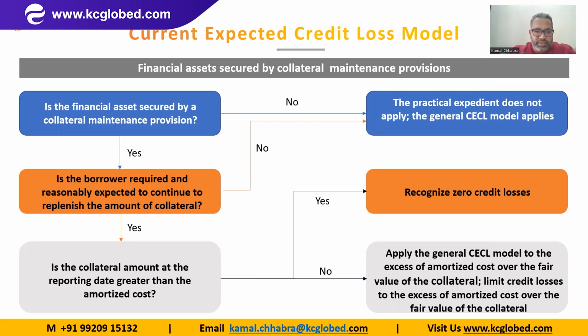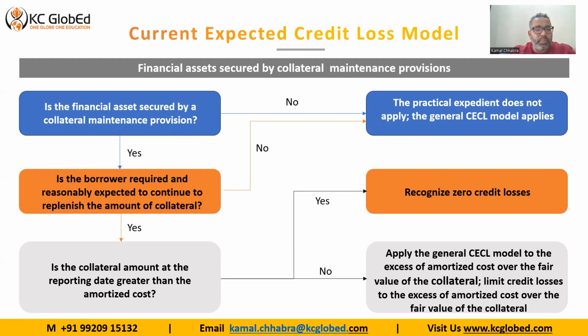If the answer is yes, then the second thing you need to evaluate is whether the borrower is required and reasonably expected to continue to replenish the amount of collateral. So whether the borrower continues to pay back the amount or not. If the answer is yes, the third thing you need to evaluate is whether the collateral amount at the reporting date is greater than the amortized cost.